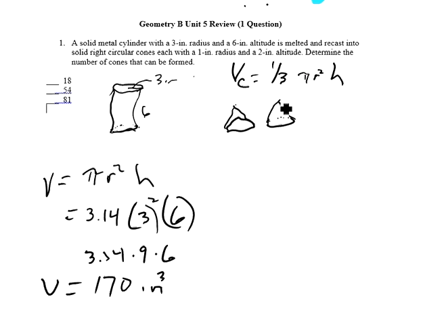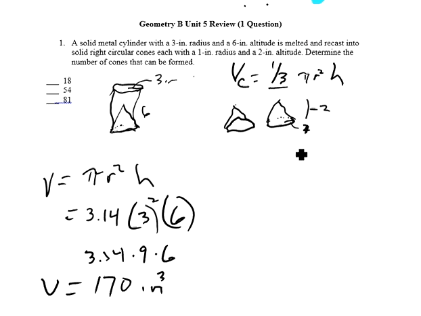So it's similar to a cylinder, except we only have this much of the cylinder. That's why we have 1/3. Everything else is the same. And we have a different height and a different base. We have a 1-inch radius and our height is 2.